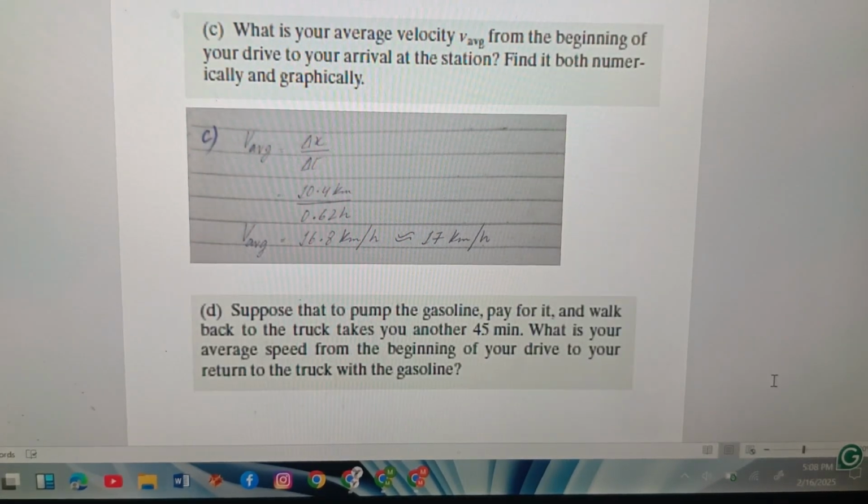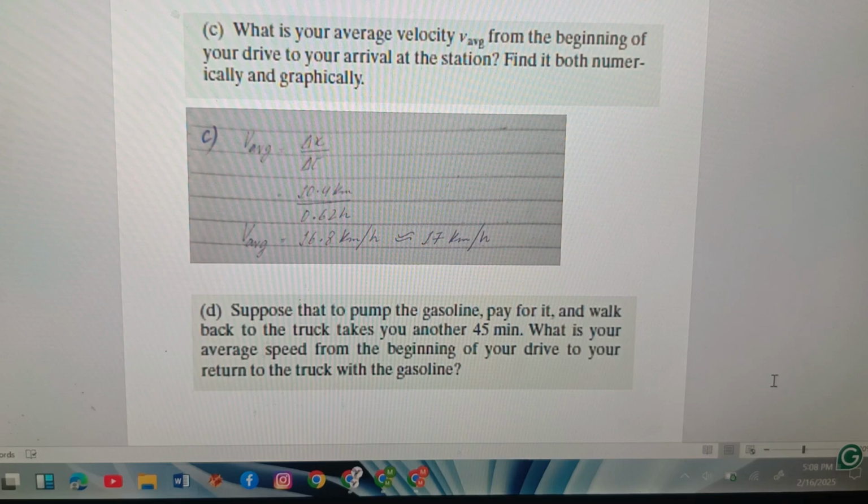Now in part C, what is our average velocity from the beginning of the drive to the station? Find it both numerically and graphically. Here I have not put the picture of the graphical representation, but we will discuss it numerically. So v average is equal to del x by del t.